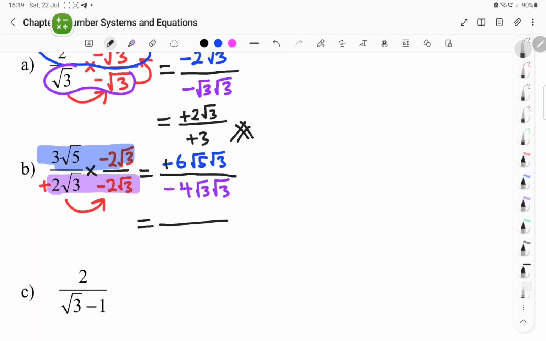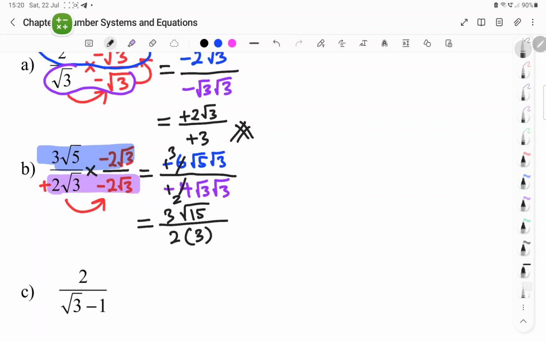As you can see here, the minus in the numerator and denominator cancel each other. Next we simplify 6 and 4, dividing them to have 3 over 2. Then in the numerator, square root 5 times square root 3 is square root 15, and down here square root 3 times square root 3 is 3, so 2 multiplied by 3 is 6.